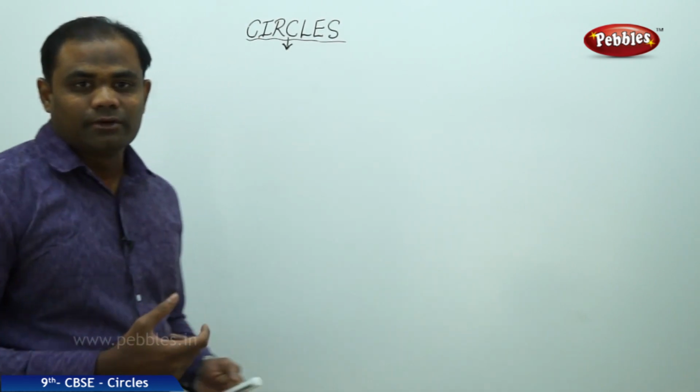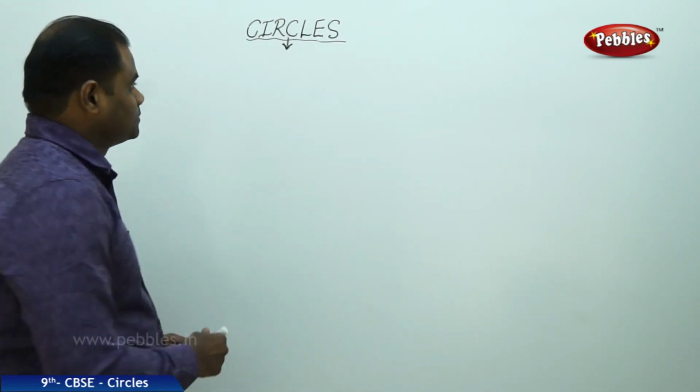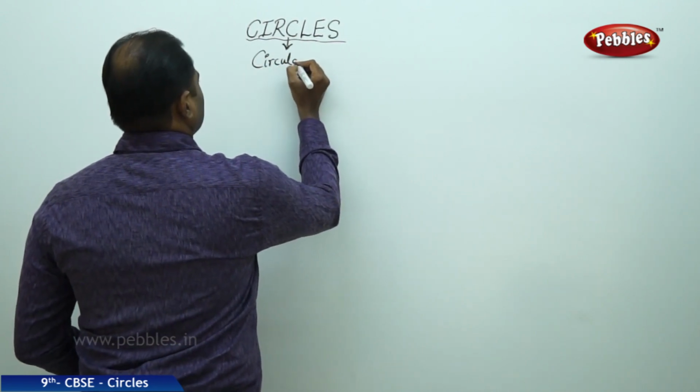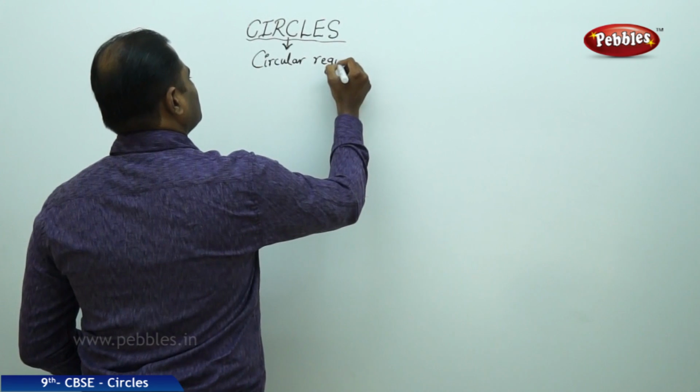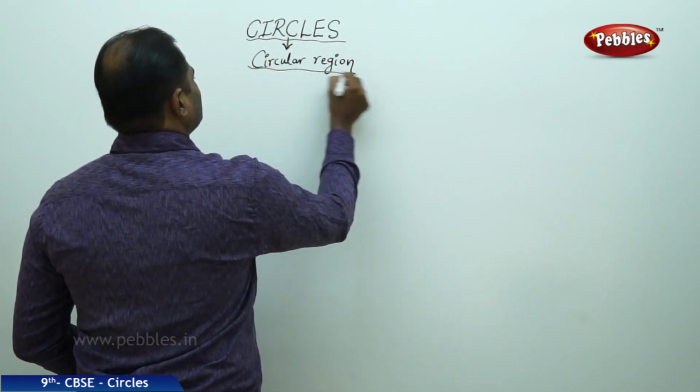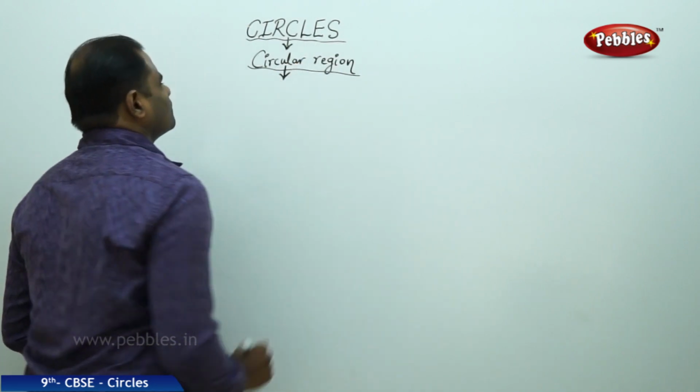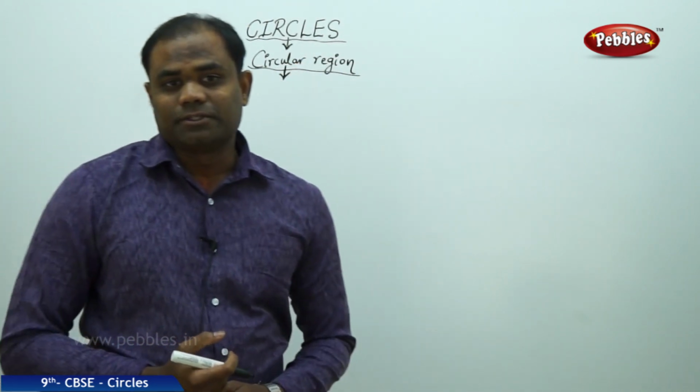Now that we have defined the interior and exterior region when a circle divides the plane into two regions, let's understand what a circular region is defined in the branch of mathematics. Circular region and its definition. So what is a circular region?